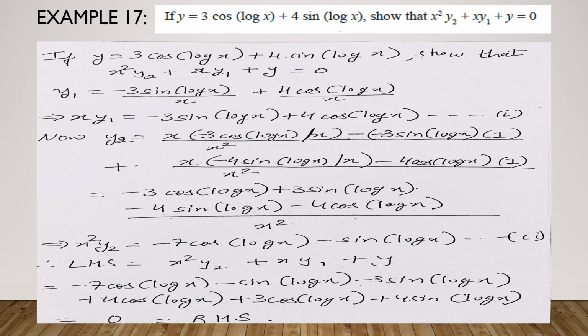Similarly, minus the second, minus 3 sin log x as it is into derivative of x, which is 1. Now similarly take the derivative of the second term of y1 and apply the quotient rule. On simplification, you will be getting x square y2 as minus 7 cos log x minus sin log x. You just have to apply the quotient rule and the chain rule. Now put all the values in the left hand side and simplify. You will be getting the right hand side as 0.